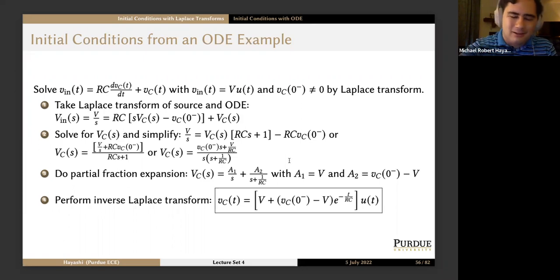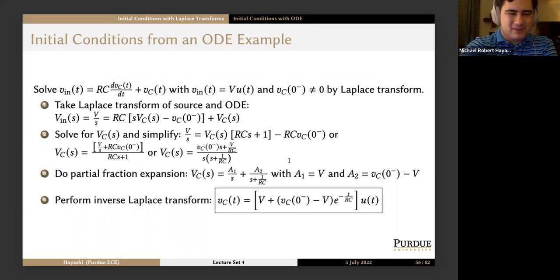Actually, I did that wrong. Cover it up. We're putting in the negative 1 over RC. So we'll get negative V, and then negative and negative is plus VC of 0 minus. Yeah, and that's what I have in line 3.